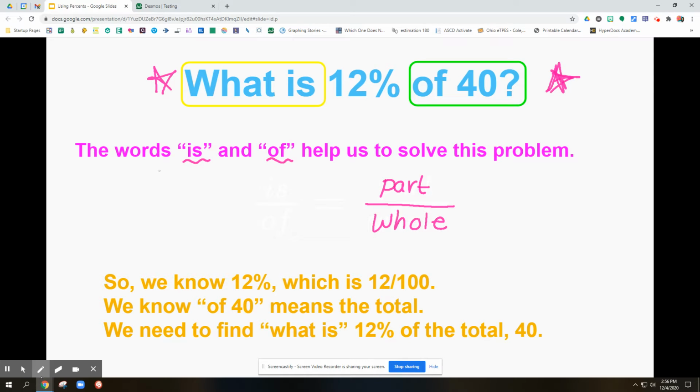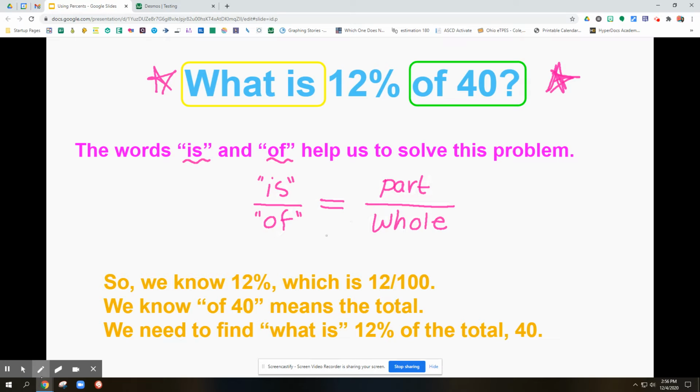Well, when we're talking about the words is and of, is represents your part and of represents your whole. So anytime in a percent problem you see the word is followed by a number or with a number with it, that's your part. And anytime you see the word of, that's your whole.